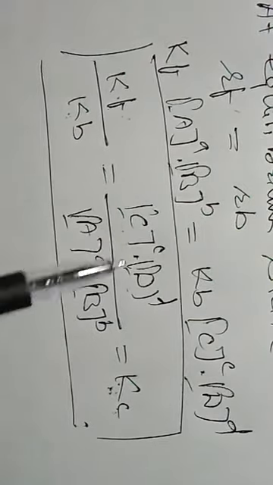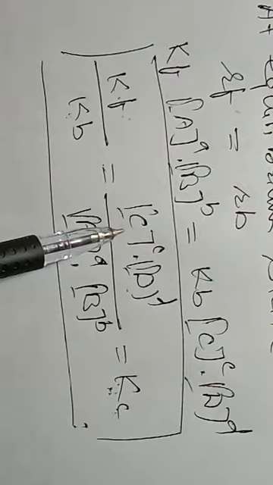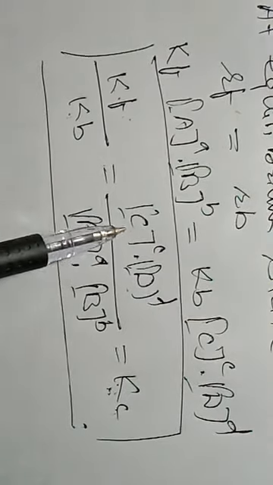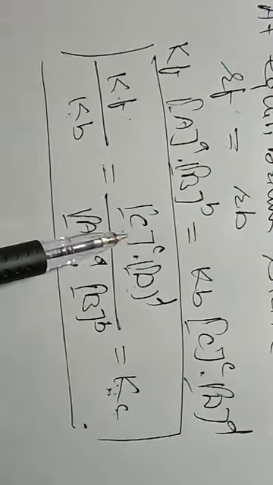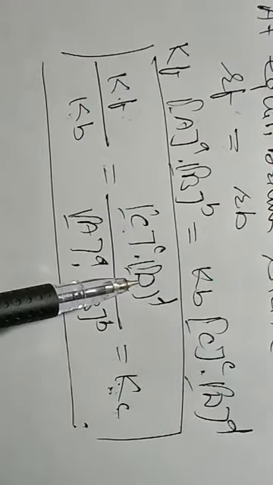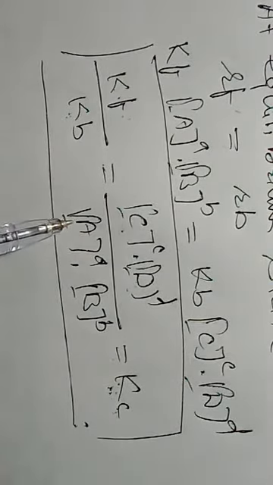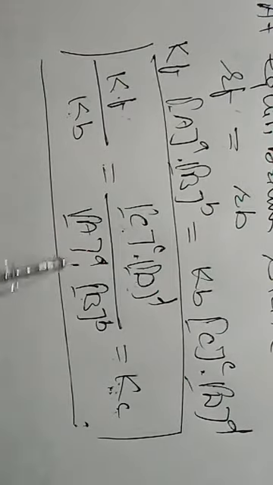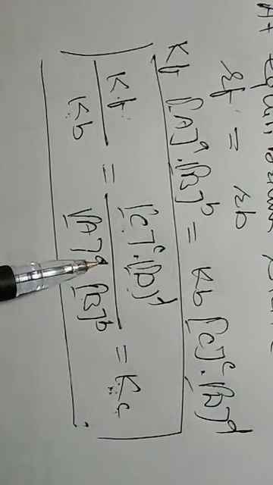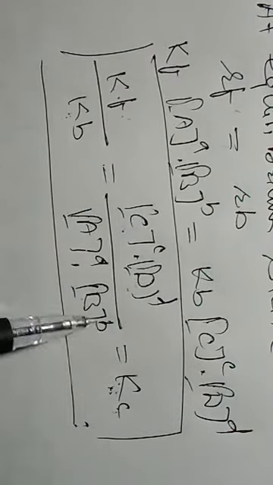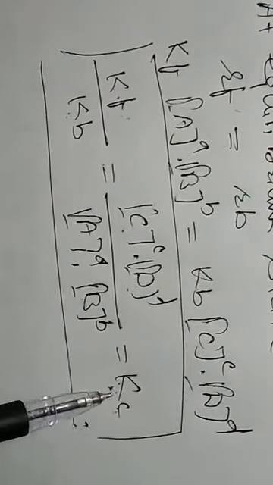The ratio of the product of products raised to the power equal to their stoichiometric coefficients over the product of reactants raised to the power of their stoichiometric coefficients is equal to a constant.